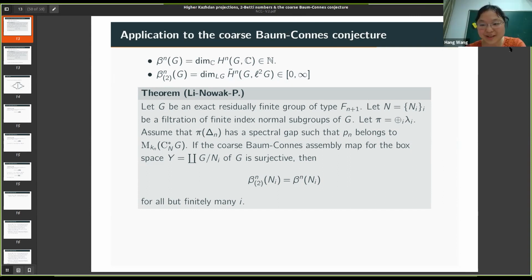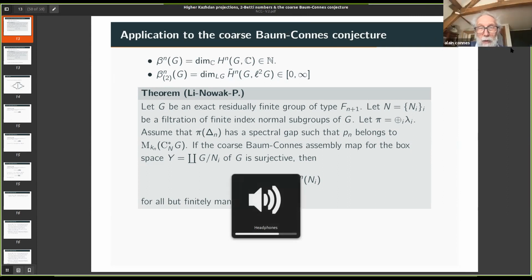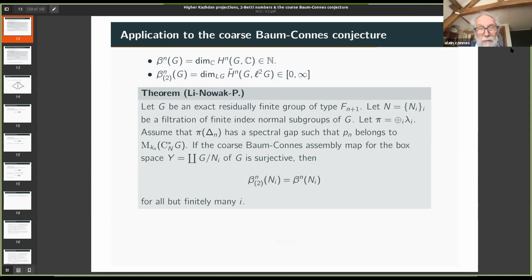More questions? In a way, all these counterexamples are in the same vein. They are always using expanders or things of this type. What is important is that, for instance, all hyperbolic groups satisfy the conjecture.